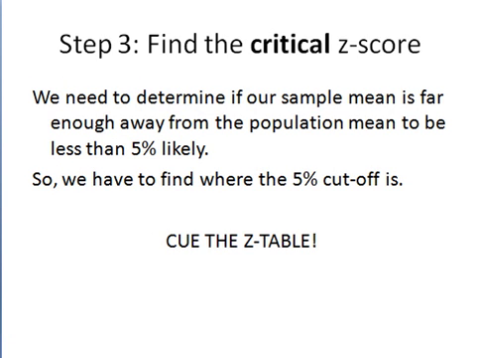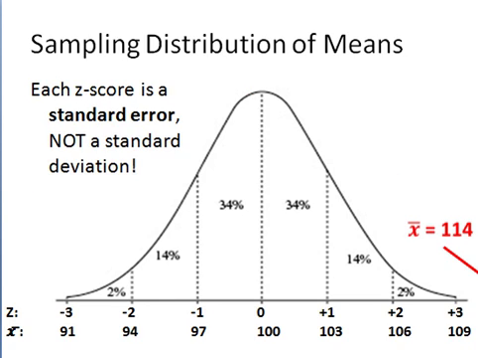Step 3, we have to find the critical z-score. A critical value is essentially what value do I have to be more extreme than in order to say that I found support for my hypothesis. The critical z-score for alpha equals 0.05 is the same thing every time. What we're trying to do here is, here's our sampling distribution.